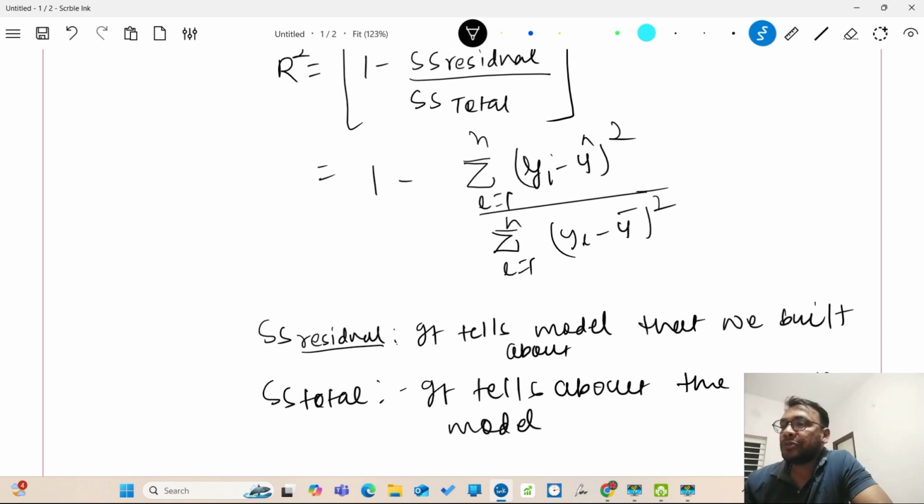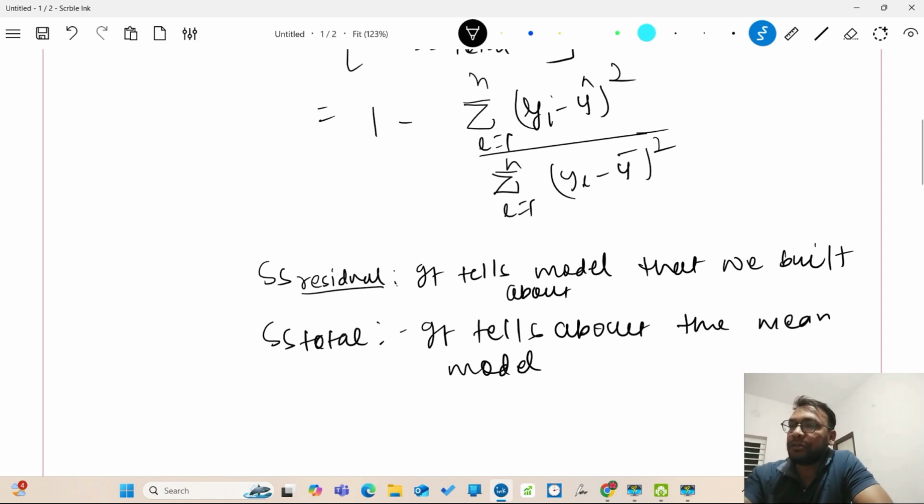Okay, so R square simply tells how your model performs compared to the mean model. That is the simple meaning of R square.